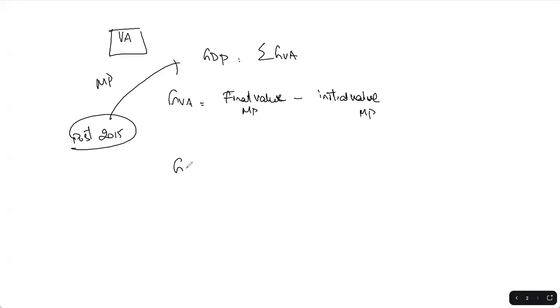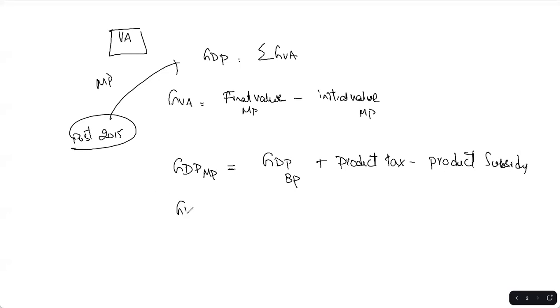So, like I've said, we calculate GDP at the market prices. Now, what is the formula for this? GDP at the market prices can be arrived at by GDP at basic prices plus product tax minus product subsidy.